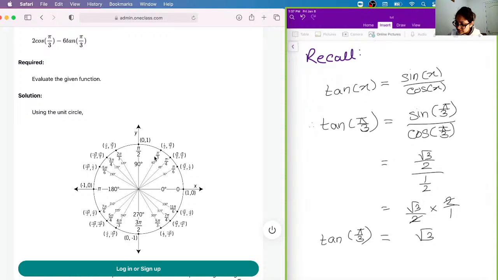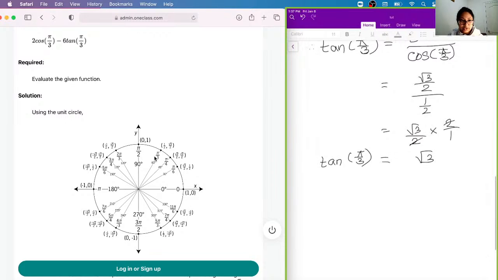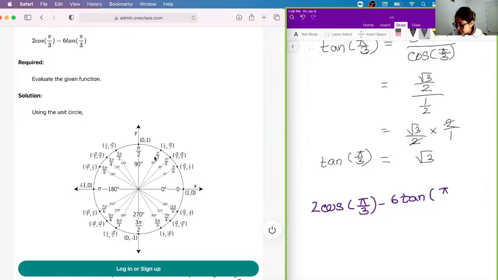So now we're just going to substitute into our equation where we're trying to find 2 cos of pi over 3 minus 6 tan pi over 3, right? So we're substituting the values that we just found into this equation.